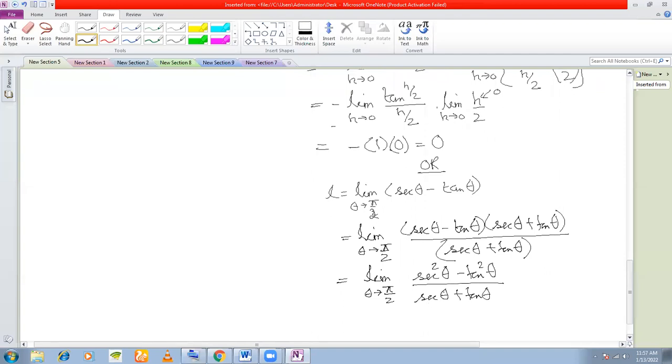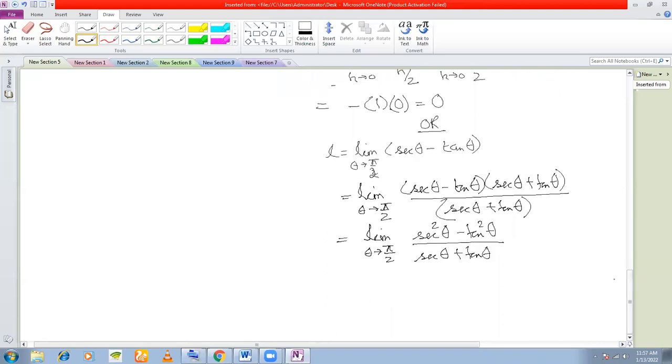Okay. Now we are getting an infinity form here, I think, because if I put theta as pi by 2, sec pi by 2 and tan pi by 2 are infinity. So 1 by sec pi by 2 plus tan pi by 2. In that case, again, we will have to change to sine and cos.